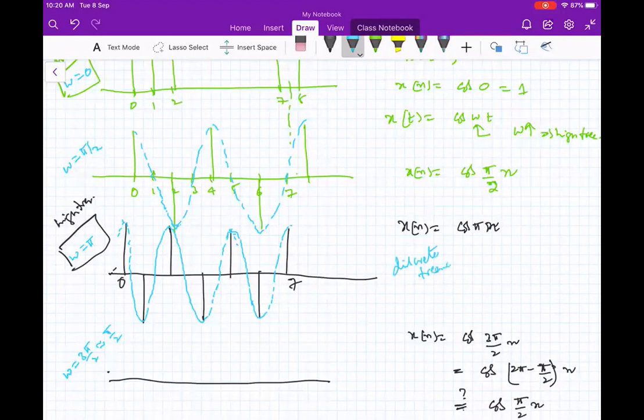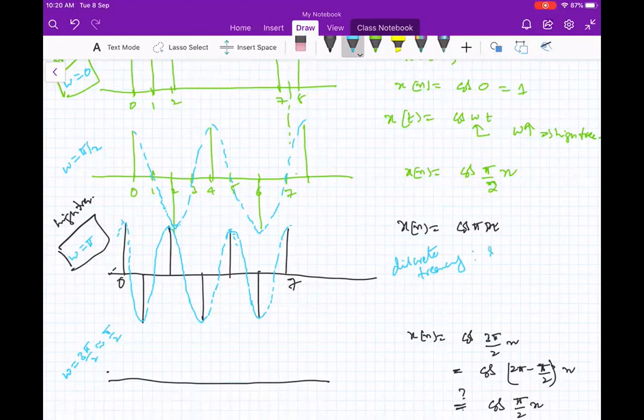Rate of change of samples. That is fine, that is one definition: rate of change of sample amplitudes.